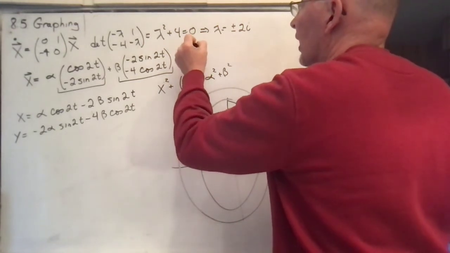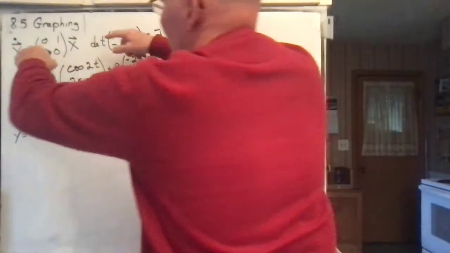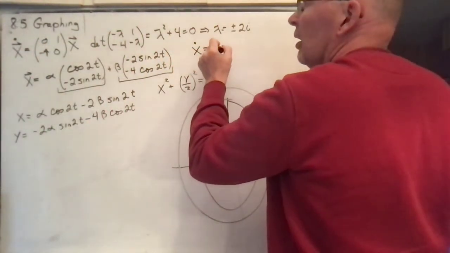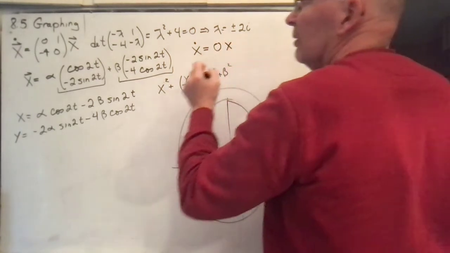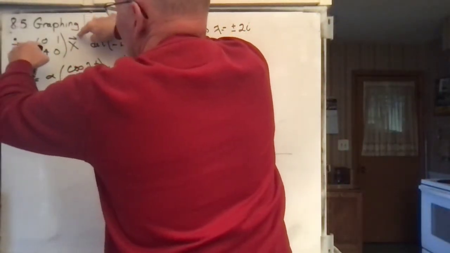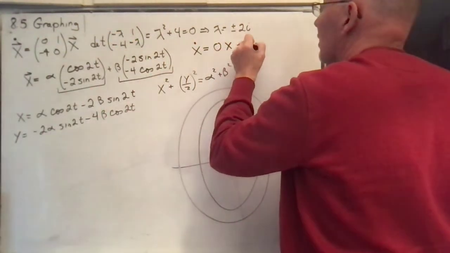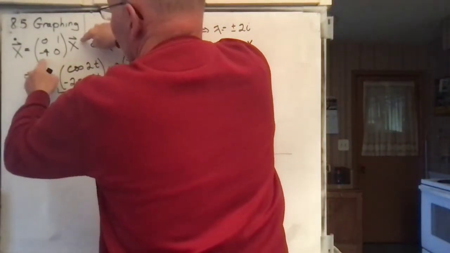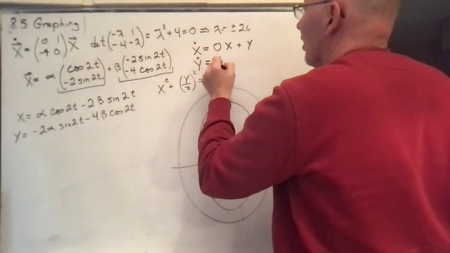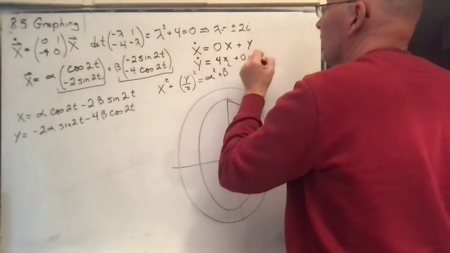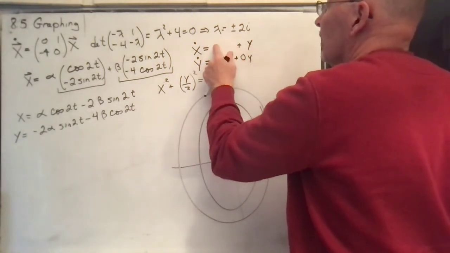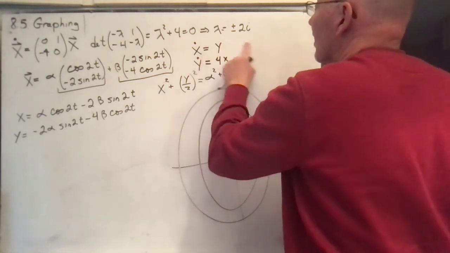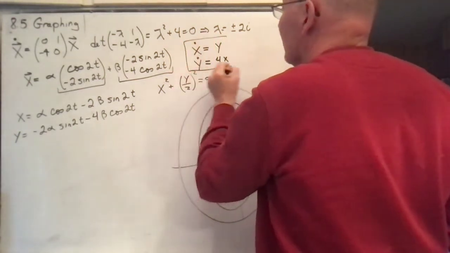We have x prime is equal to 0x plus y, and y prime is equal to 4x plus 0y. I guess there's no reason to have those there. So you have this, and you have that. That's what it's saying to do.